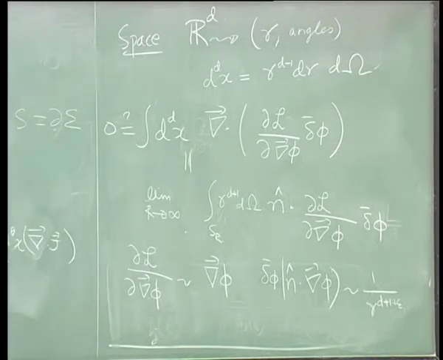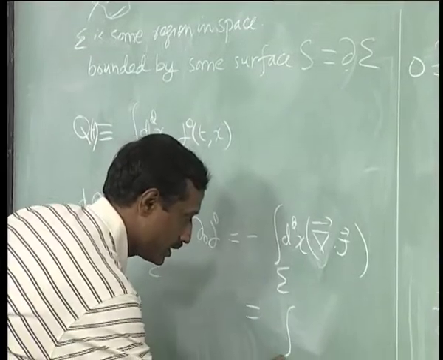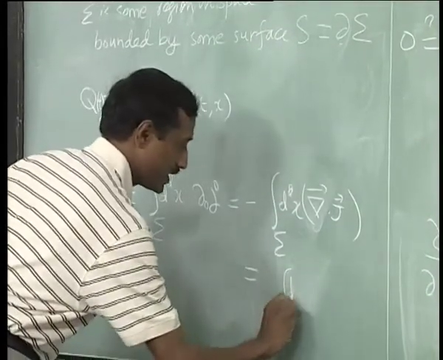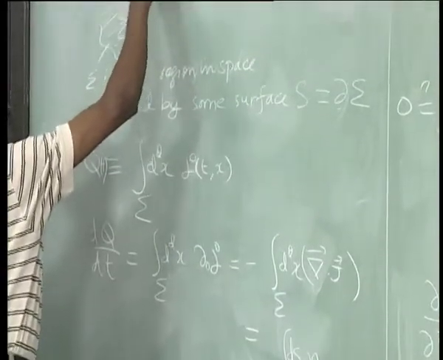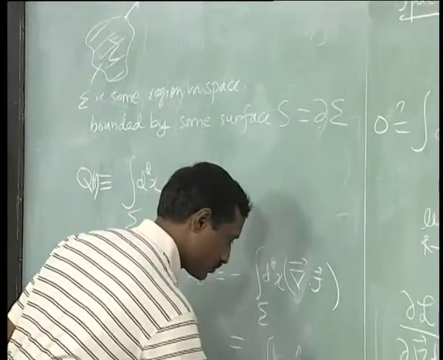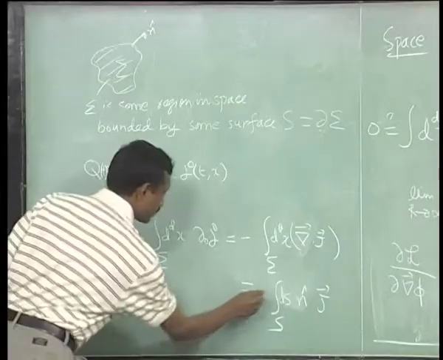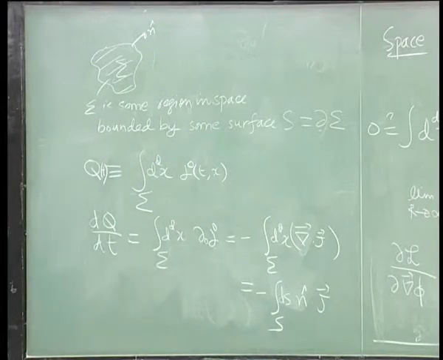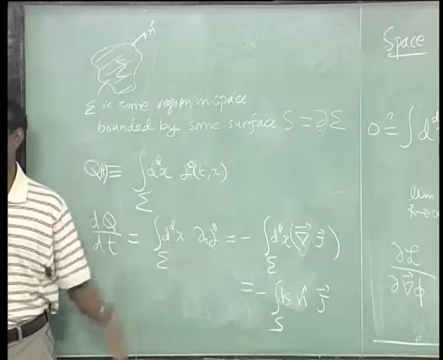Here it is just some finite object, so I can rewrite this as a surface integral, with an outward pointing normal at every point, with a minus sign. So the rate of change of charge is measuring how much is escaping.